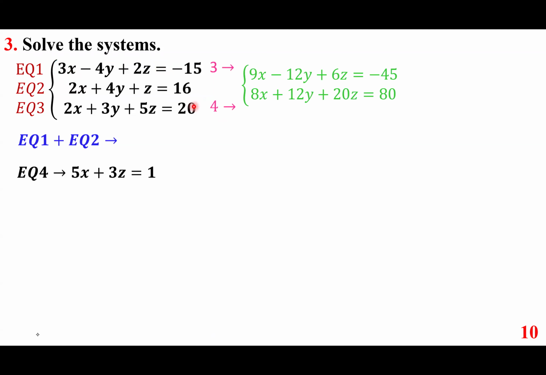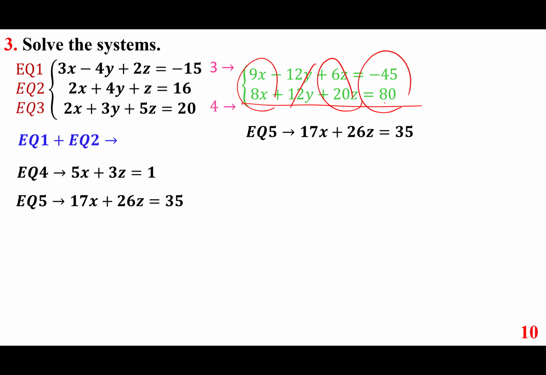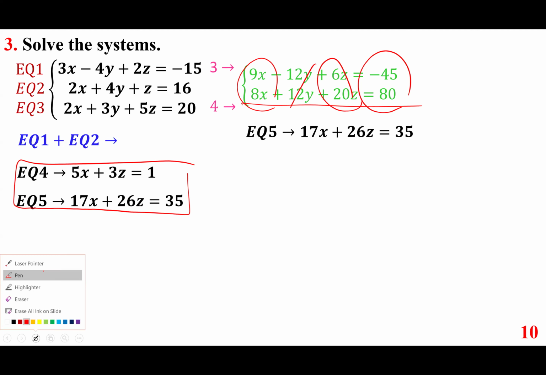And now these two cancel each other. This is 17x, 26z, 35, and I'm going to call it equation number 5, and I'm going to put them next to each other, and a 3 by 3 has been simplified to a 2 by 2.